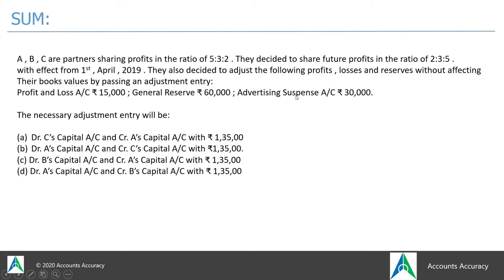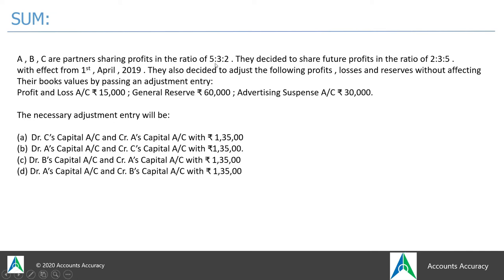So here what you are noticing, for B the ratio hasn't changed, but for A and C it has changed. A's ratio and C's ratio have changed. So similarly, you will find out the sacrificing and the gaining ratio for A and C.